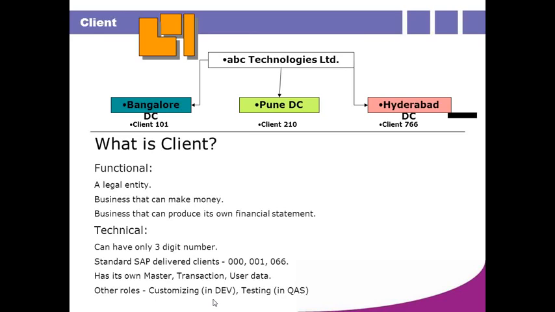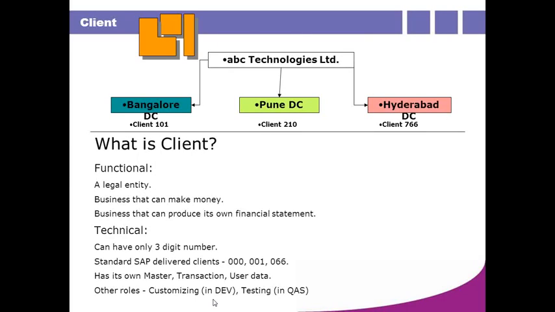Your business may want to create another client, build the client using client copy mechanism, customize and develop that client, and use that for the business. So that's why 000 is a master or golden client, we can call it as.